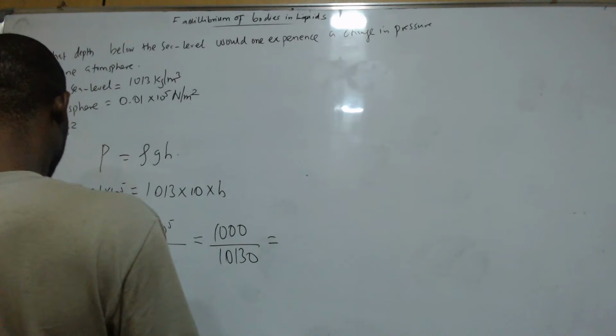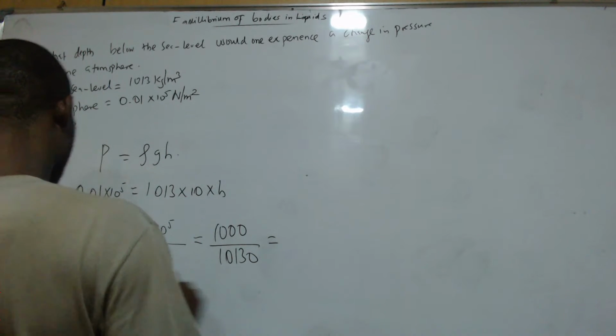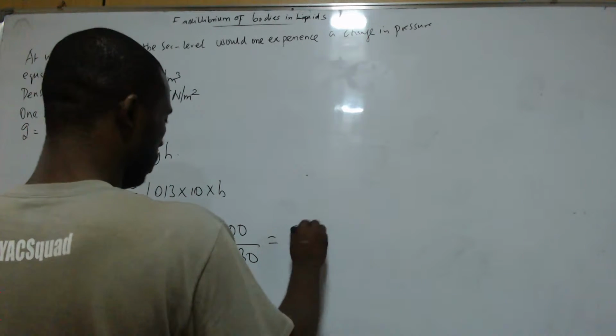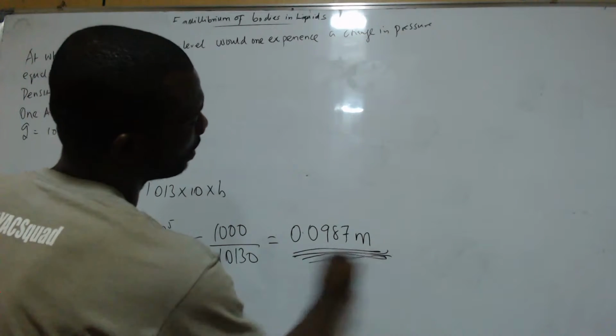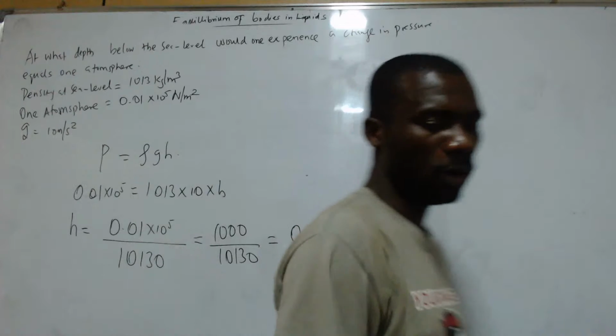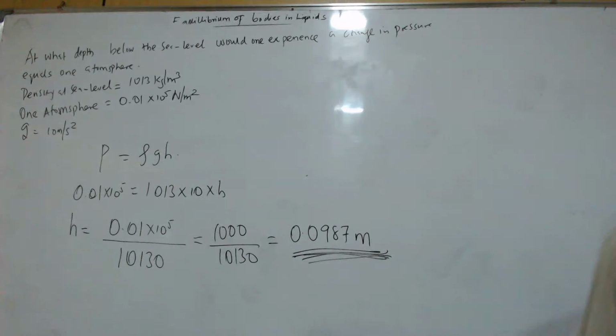So 1000 divided by that gives our answer. At this height, one will experience a pressure equal to 1 atmosphere.